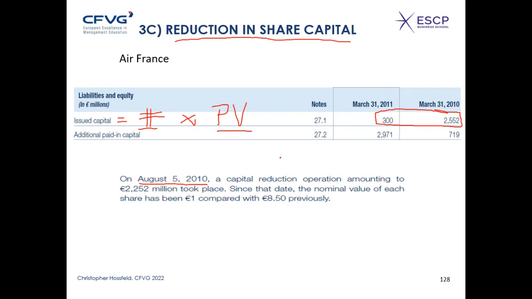Here Air France decided to reduce the par value, because before that date the par value was €1.50 and they reduced it down to €1. That means in 2011 the 300 million means I have a par value of €1 and roughly 300 million outstanding shares. Before that, we had 300 million shares, but with a par value of €8.50, and that's why we had 2.5 billion of issued capital.